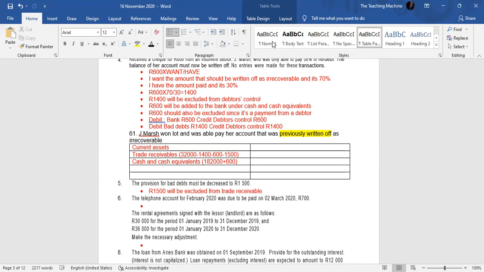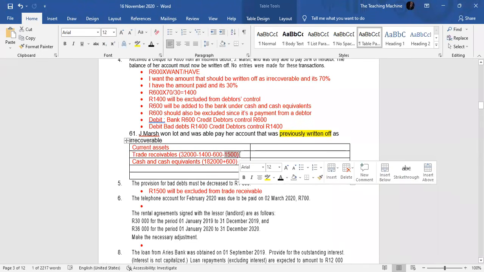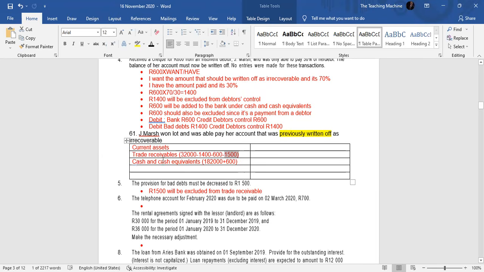I'm told, do we also have provision for bad debts under the current assets as well? Yes, so this is the 1.5 of the provision for bad debt. Your trade receivables would be debtors minus the bad debts that lie on the adjustment, minus the payment from a debtor, minus the provision for bad debt.